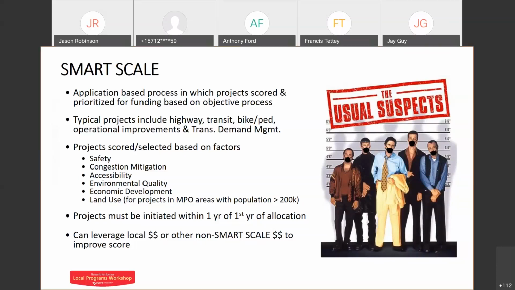Your project is scored a certain amount based on need and the characteristics of the project, and then you have a request of Smart Scale funds. And obviously, the lower that request, the better your overall score will be. A lot of folks have taken advantage of that over the years by applying local money to leverage against the Smart Scale request. And that might be an option you want to consider later this morning as we do our exercise. So, Jay, you want to go to the next slide?